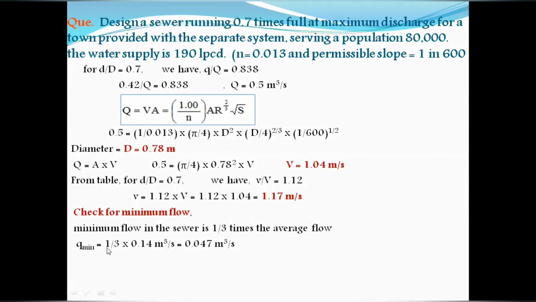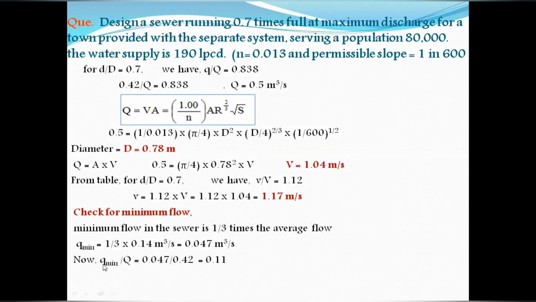So Q minimum is equal to 0.047 meter cube per second. Again, at this point we have to find the value of velocity. So again we have to find the ratio of q by Q. From the ratio of q by Q, we get the ratio of v by V from the table, and from v by V, we have to find the value of small v.